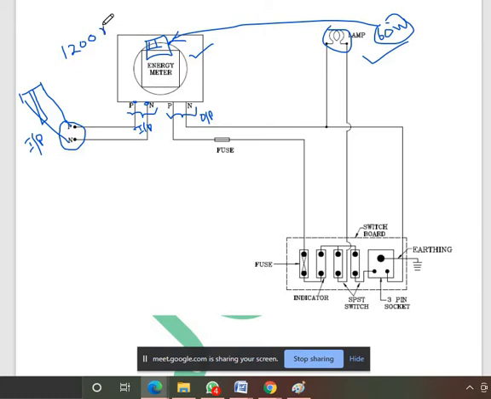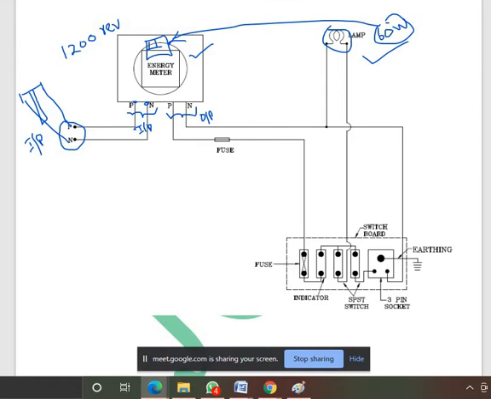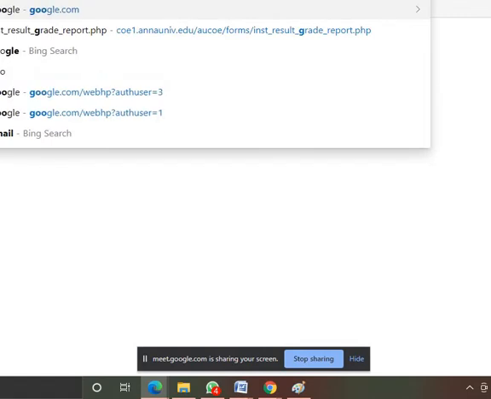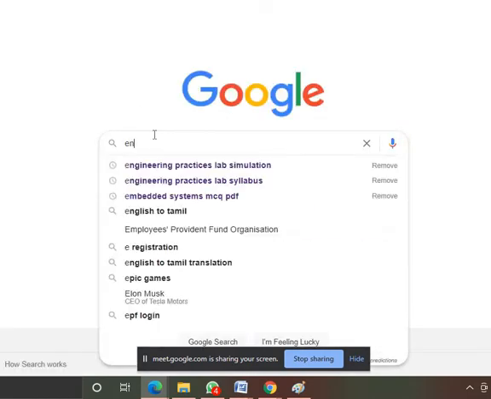So the energy meter picture. In your home, do you have an energy meter? No, sir. Right, I will show the energy meter diagram.